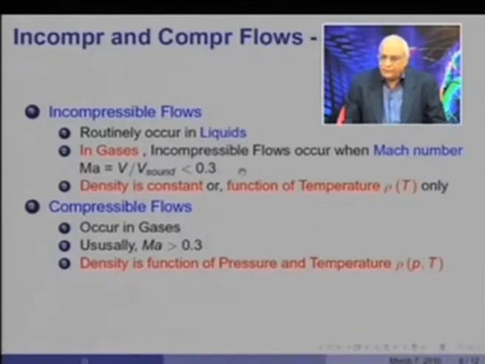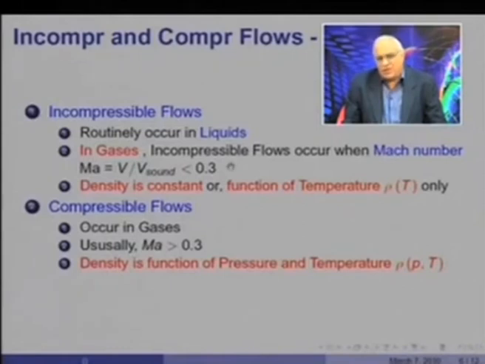Now, of course, it so turns out in the majority of our heat exchangers and other equipment, gaseous flows are indeed at low velocity, having velocities much lower than 100 meters per second. And therefore, gaseous flows can also be considered as incompressible as far as practical convective heat and mass transfer equipment is concerned.